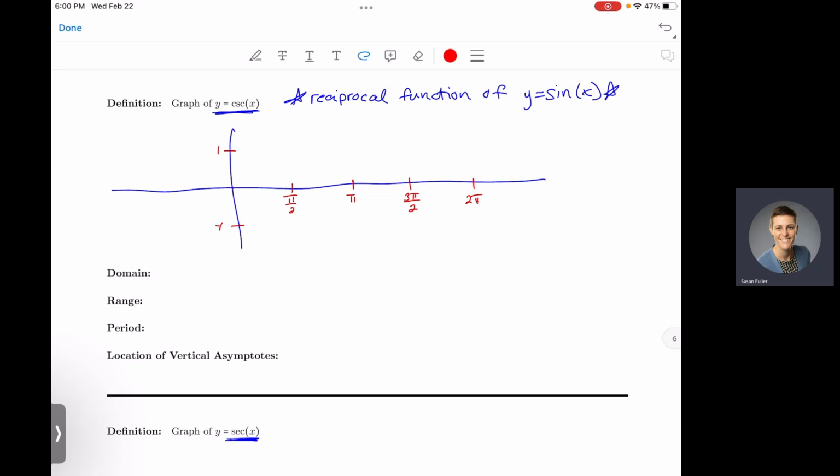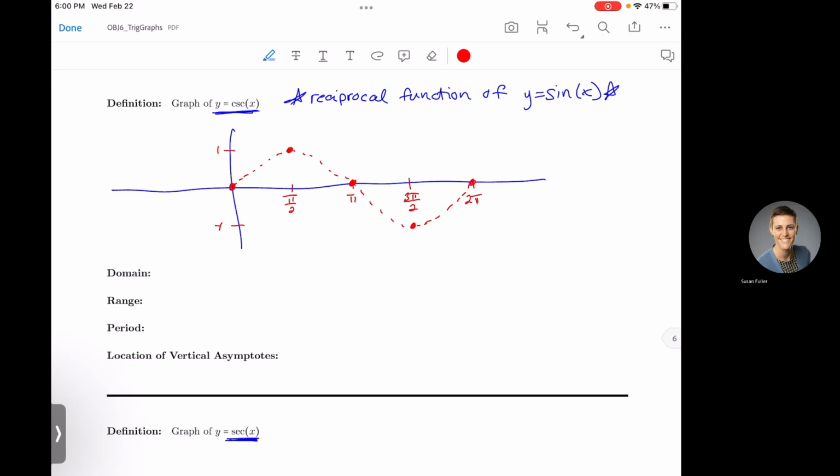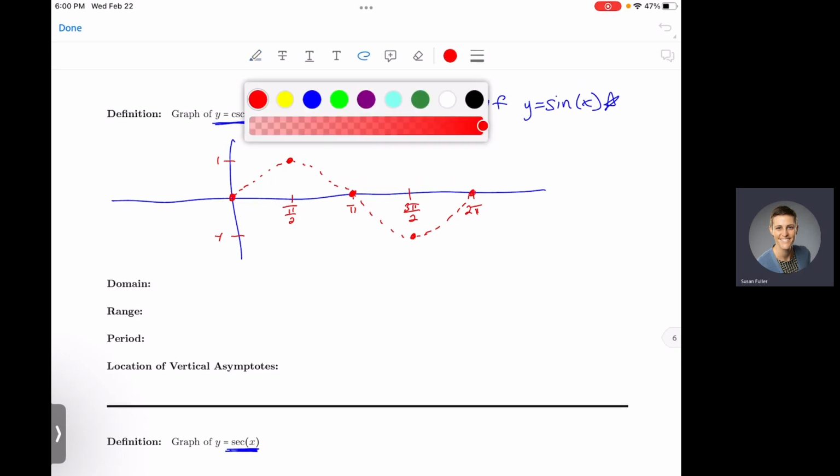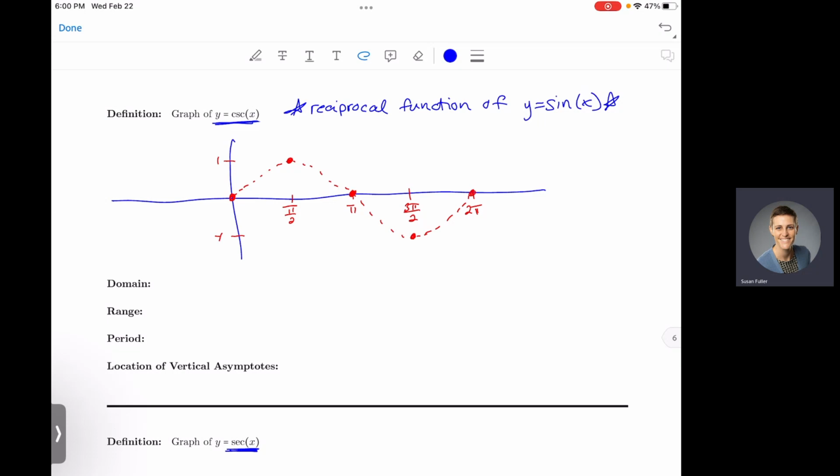The sine graph starts at 0, comes up to the top at 1, comes back to the baseline, comes down to the bottom at -1, and then back to the baseline. This is what the sine function looks like. All right, so we're going to use that to help us get some cosecant values quickly.